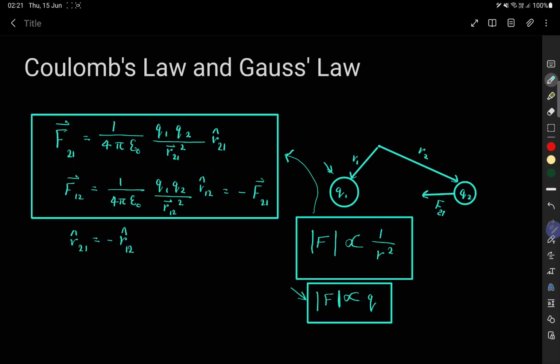So we have the opposite force going as well, that Q1 will experience a force due to Q2 that will be of the same magnitude as F21, but in the opposite direction, because as you can see, this was our R21 vector first, but since we're using R12, it has to go this way, which means the direction is reversed. So for that reason, we have negative F21 here. Okay, I hope that's clear.